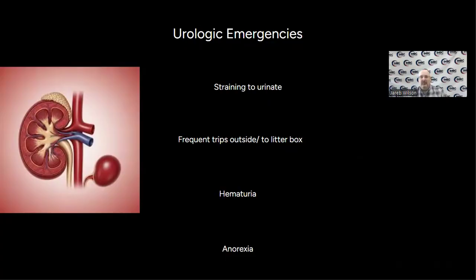He'll be in, move around, looks like he urinates, move around some, try a little bit more, come out of the litter box, and then go back in. All right. You are noticing some hematuria, so every now and then the cat will pee on the floor, or you can see that it looks like a little bit of blood in the urine. And also this cat is anorexic. They're also not wanting to eat.